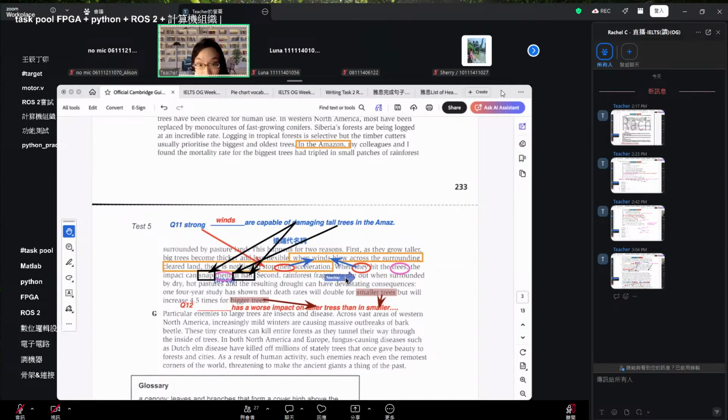Second, rainforest fragments dry out when surrounded by dry, hot pasture and the resulting drought. Drought means a very long spell of time without rain, right? So drought can have devastating consequences, which means the worst impact. Devastating consequences, referring to worst impact.